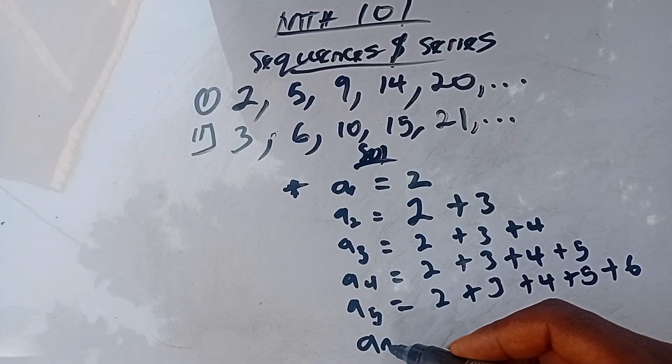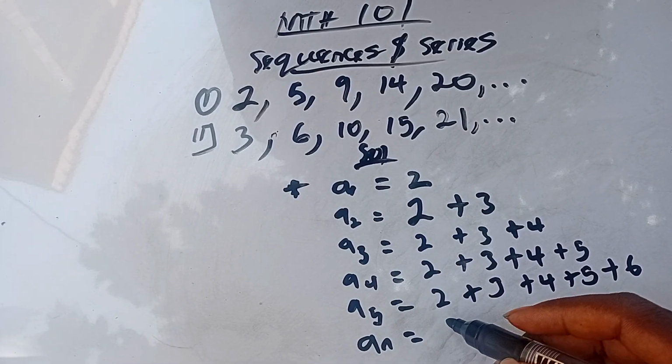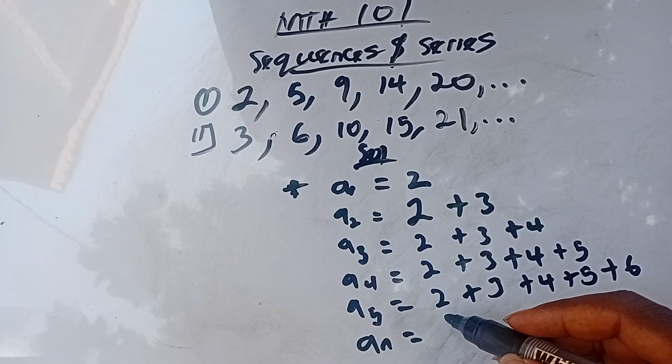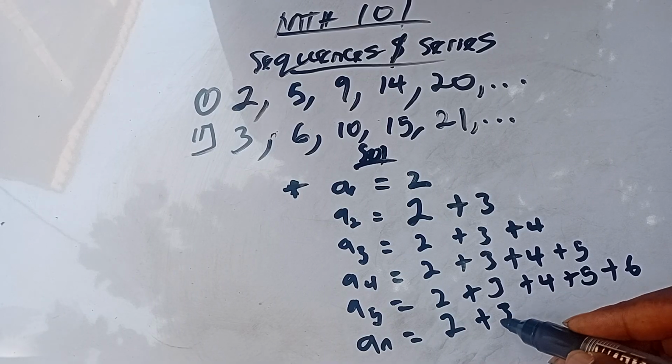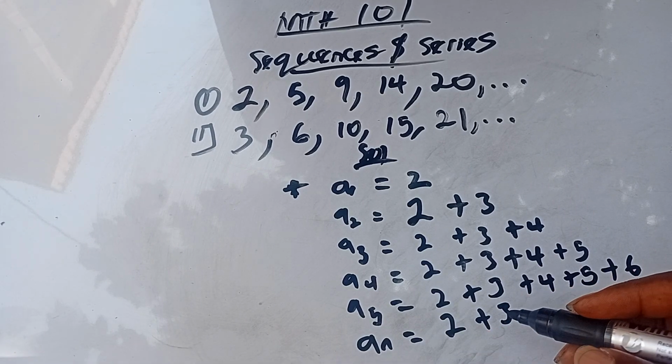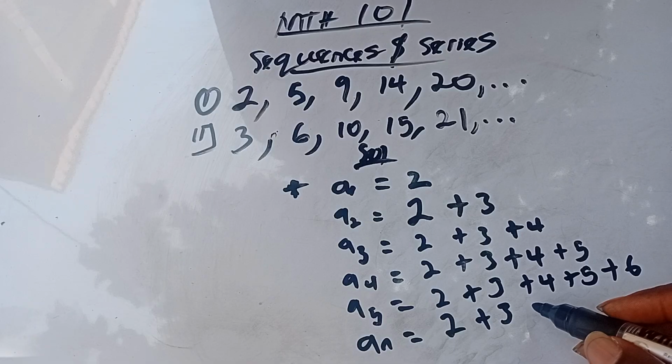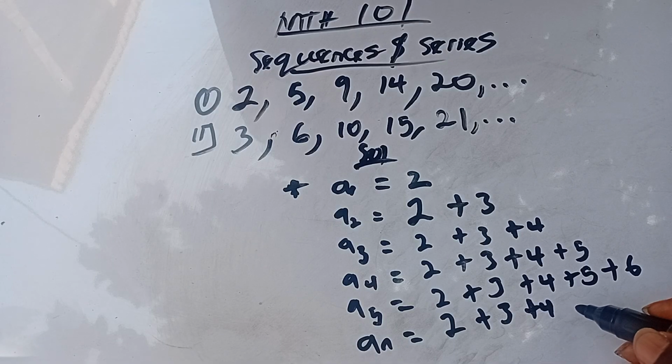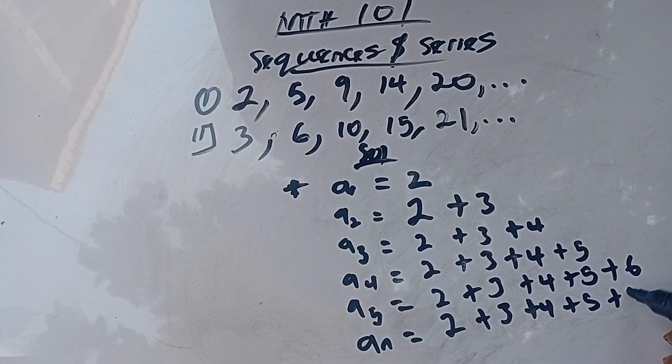So for our An, we can now create a series that follows the AP pattern. 2 plus 3 plus 4 plus 5 plus 6, plus dot dot dot plus x, where N is a number we assume, probably the 10th term or 100th term.